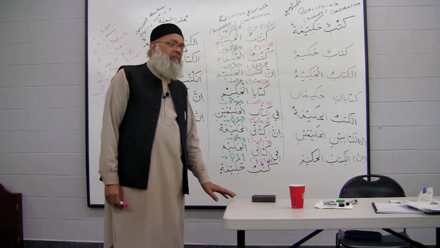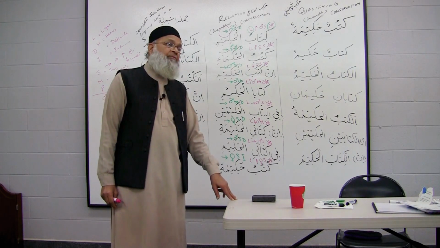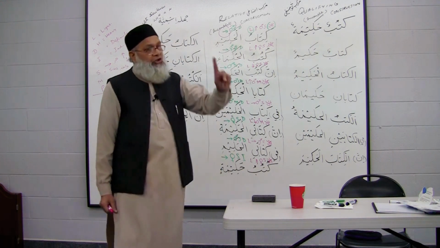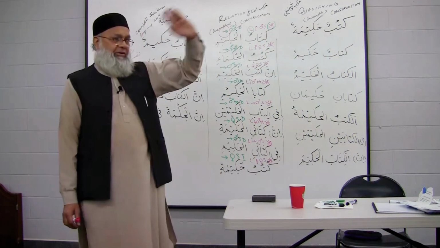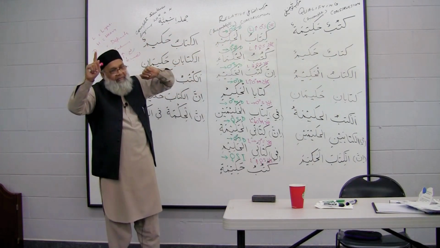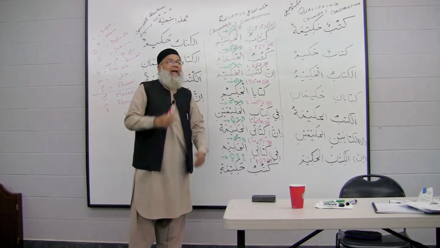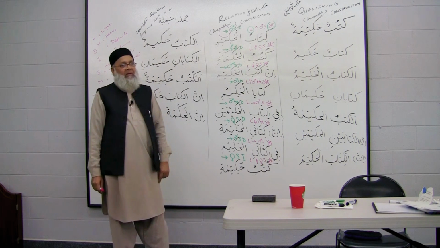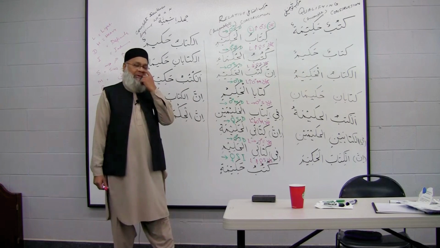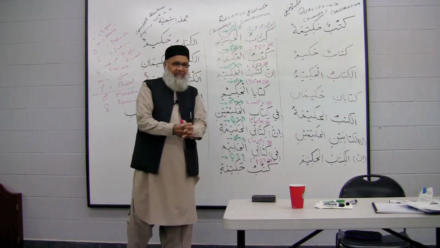When there are two nouns, and the first has a light Iraab and no alif lam, you should suspect a relative construction, and if the second noun is majroor, then this combination is definitely a relative construction, without any doubt.